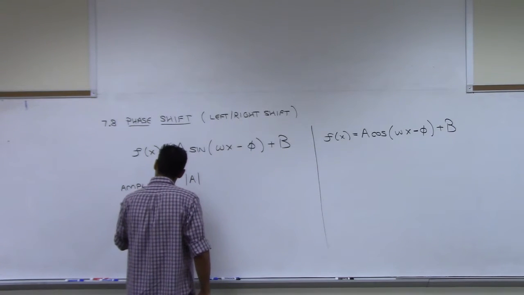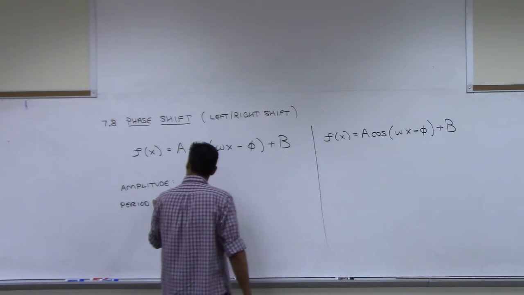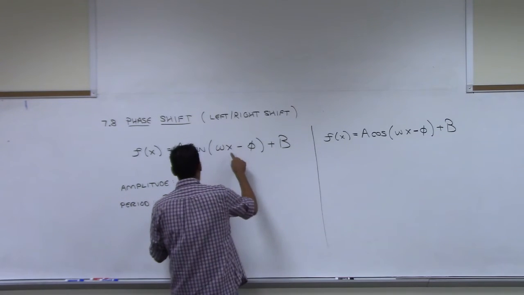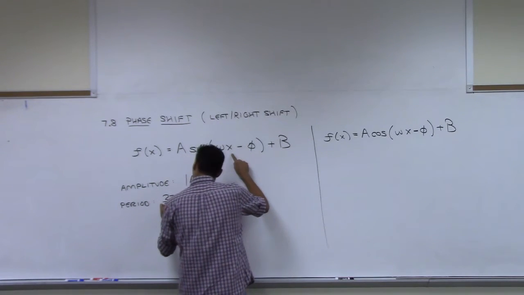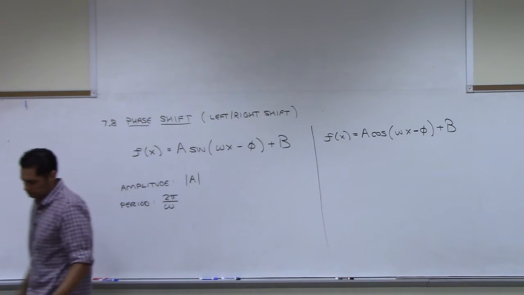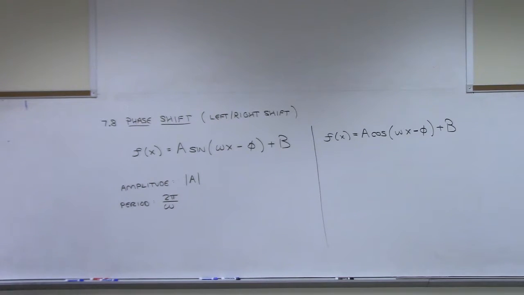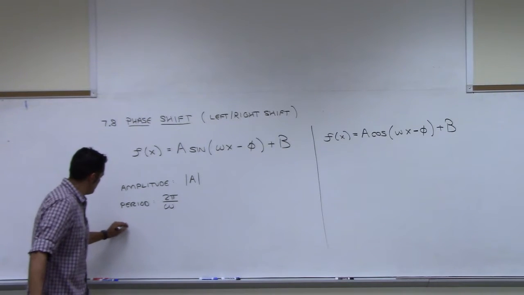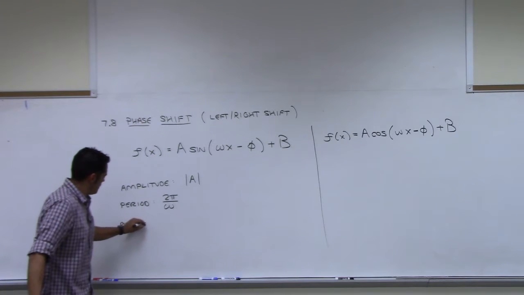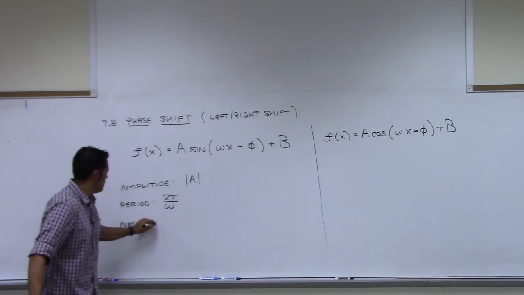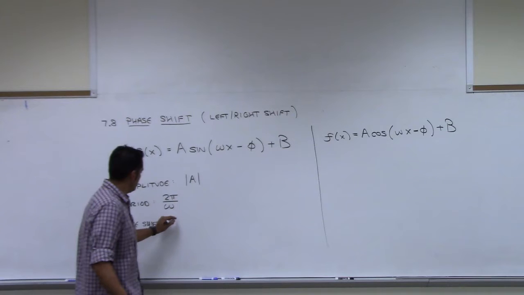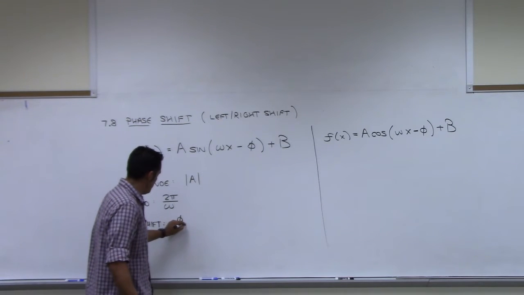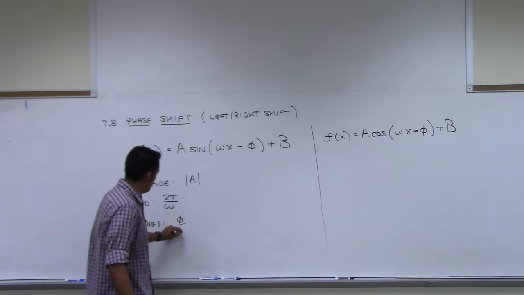Remember the formula for calculating the period? 2 pi over, in this case, omega. And we have a new one now, and that's the phase shift. The phase shift is going to be phi over omega.